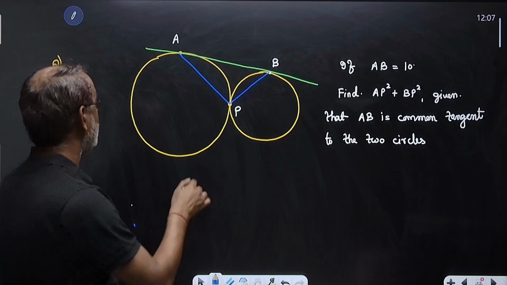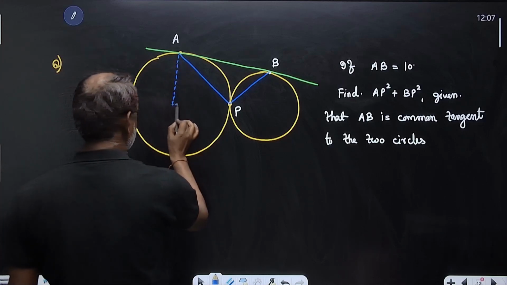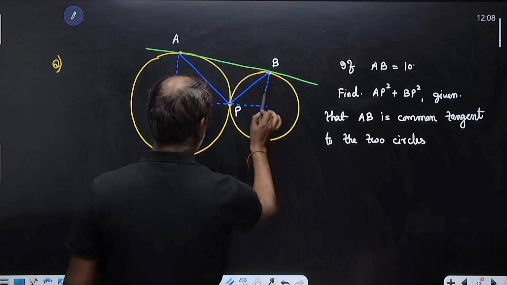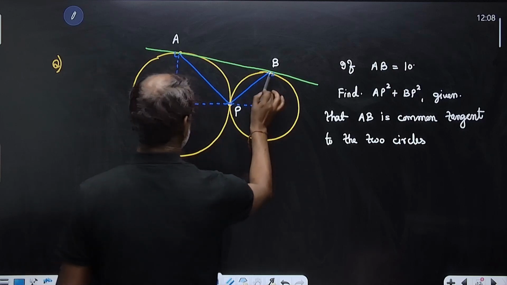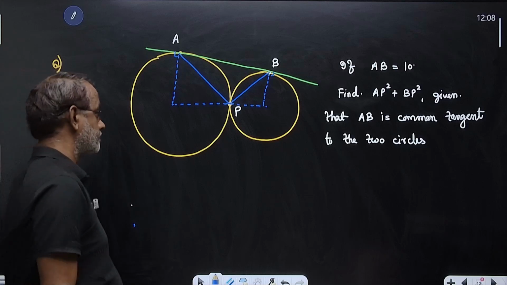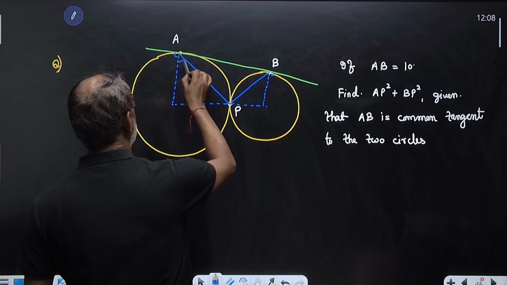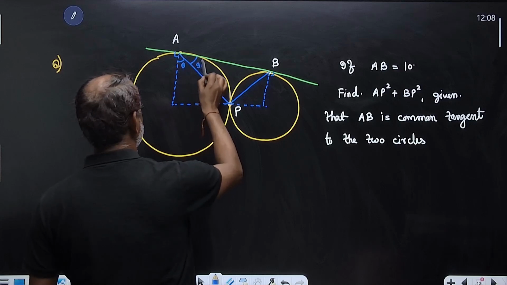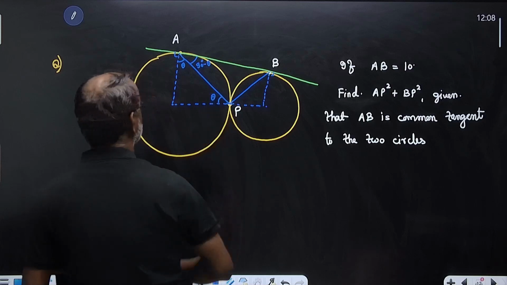So primarily what we are going to do is that we are trying to find the angle at this point. These two angles are of course 90 degree. Okay. Now if this is theta, this is 90 minus theta. Okay. This is theta, this will also be theta.